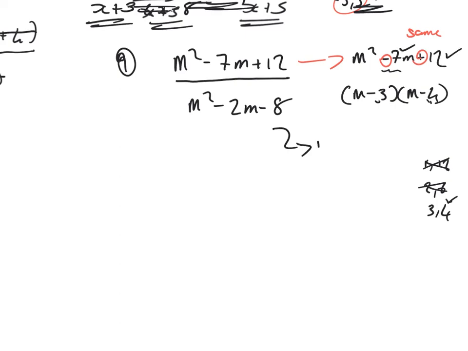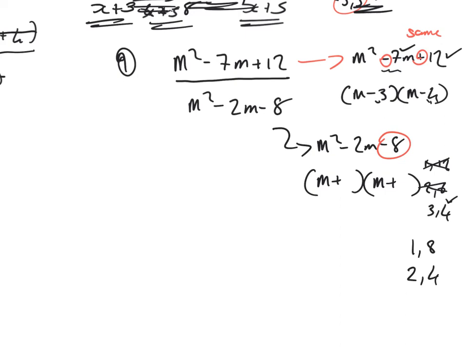Okay, let's take the trinomial down bottom. Okay, the product is negative, so the signs will be different. Okay, pairs for 8: 1 and 8, and 2 and 4. Which one can I organise to get minus 2 in the middle?